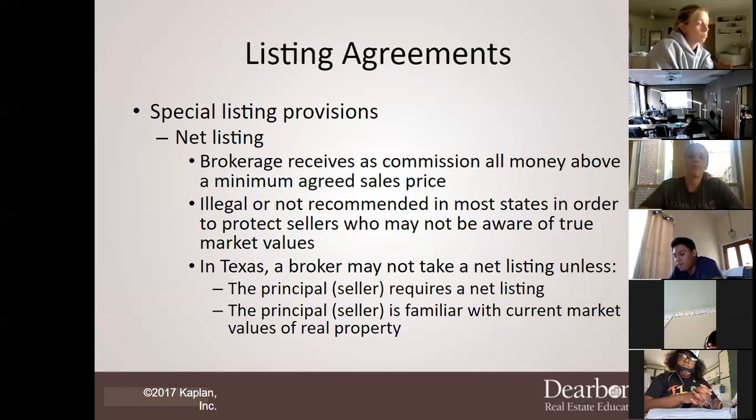That's an extreme case, but that's why usually they have to be familiar with the market values, and that's also why they have to require it off the bat. If they know it's worth $320,000 and they require that you do it for $320,000, then you can. But for the most part, it's not recommended, because by that point, they know it's $320,000. You're probably selling it for $315,000 or $320,000, so you're not making anything.